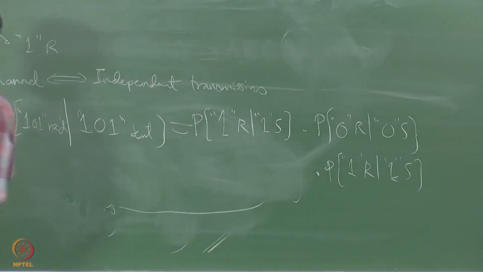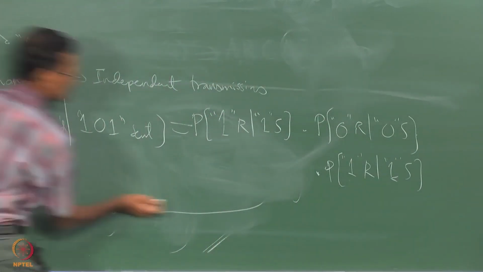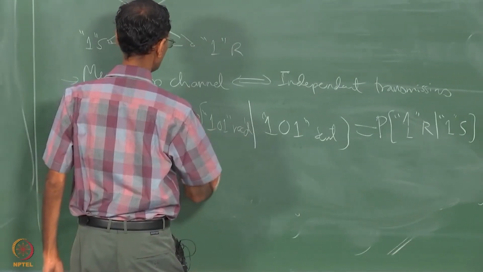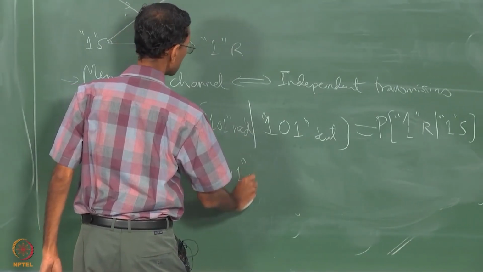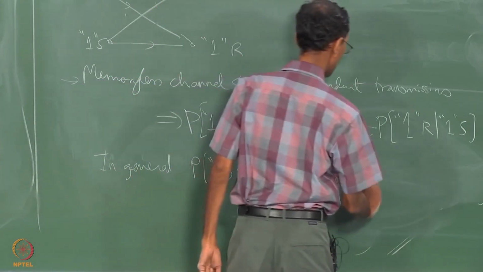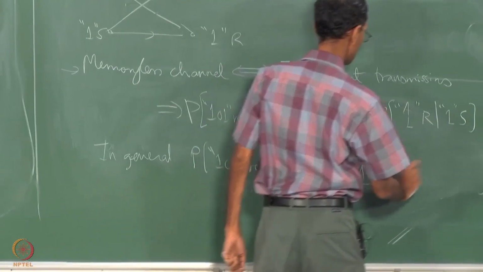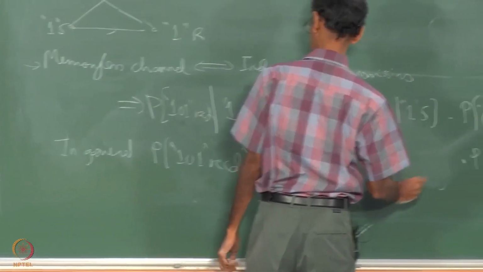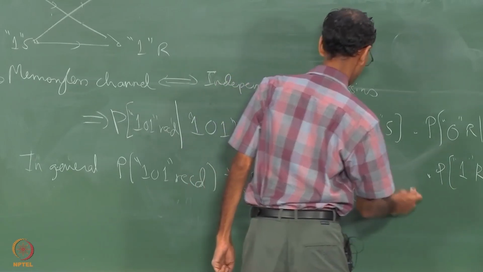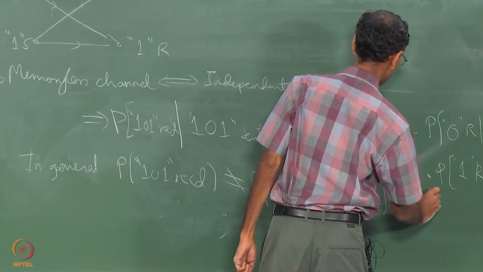So in general what I am saying is that the probability of 101 received is not equal to the probability of 1 received times the probability of 0 received times the probability of 1 received.